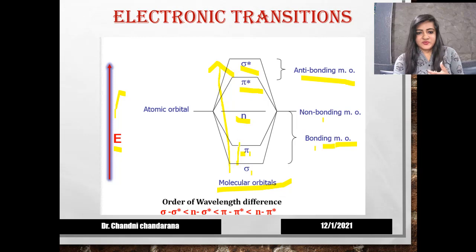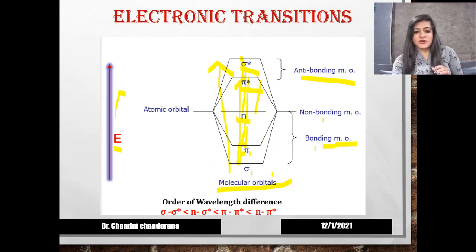Then we can see pi to pi star and n to pi star. There is a change from bonding to anti-bonding, and from non-bonding to anti-bonding. We will see all these transitions one by one.